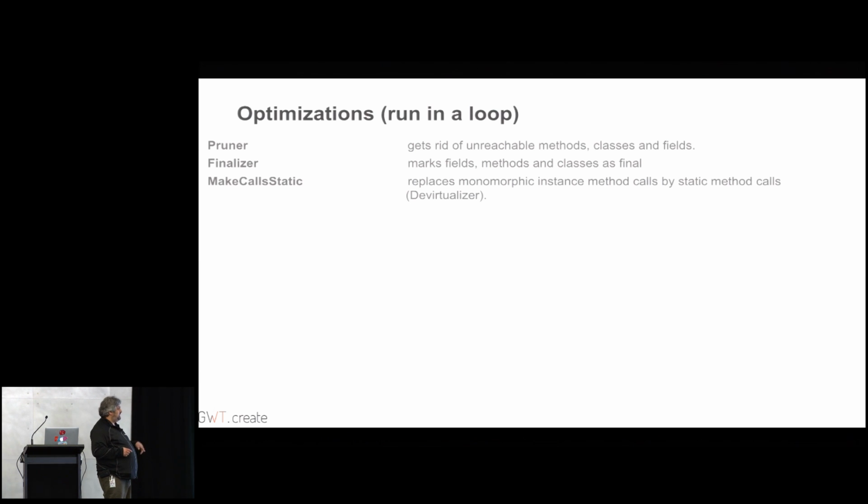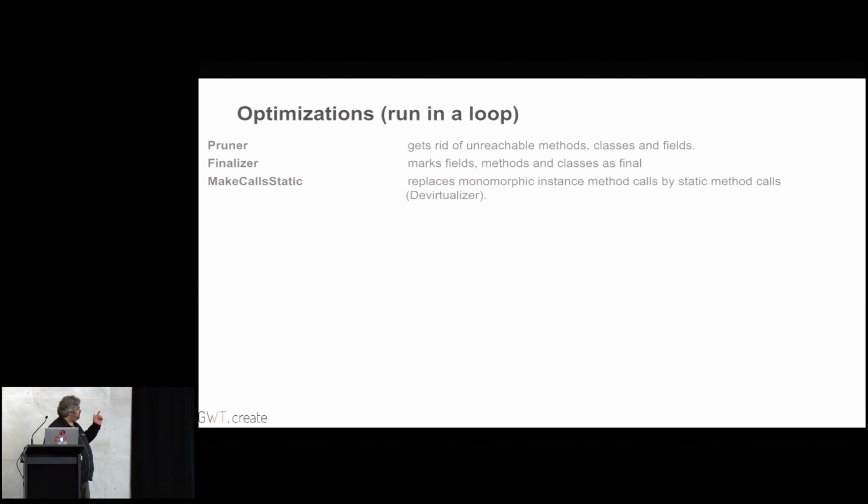So it rewrites the method to make it a static method of the class. It adds a new parameter at the beginning. So when you're debugging code, if you debugged in JavaScript, you probably saw these methods that start with $, and they have an extra parameter, which is the implicit this parameter, made explicit. And then it rewrites the call to be a static call.